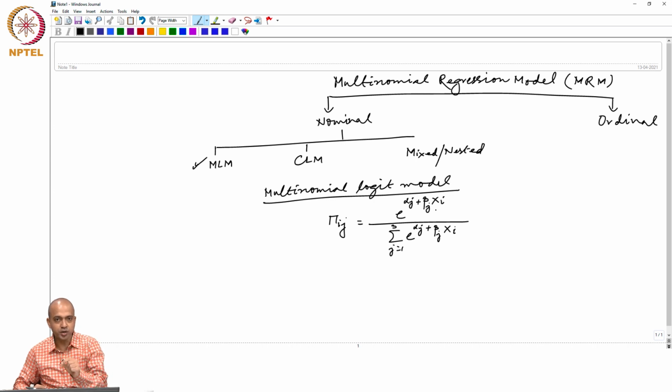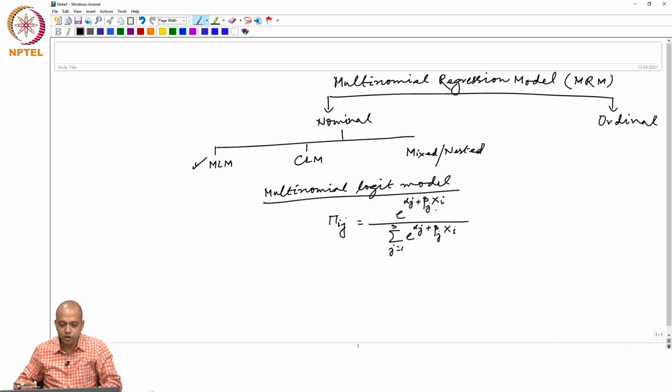That is not like the case earlier. So we need to keep in mind that alpha j, since j stands for choice, means our coefficients alpha and beta vary across choices.